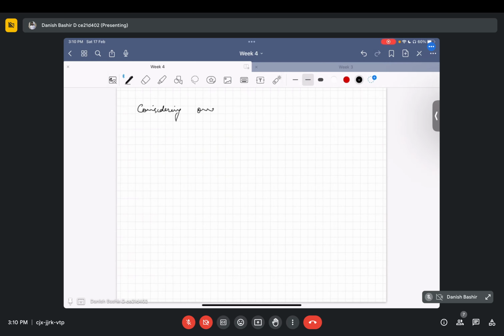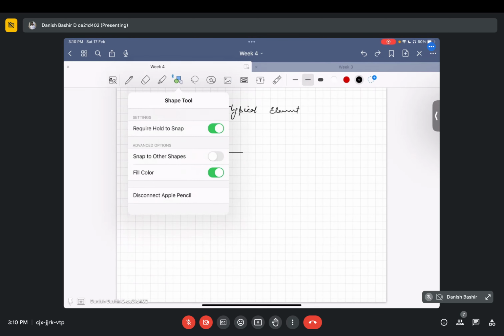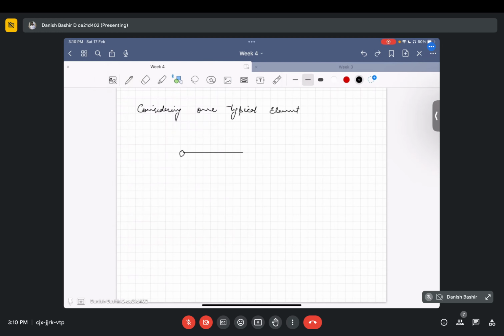For example, this is our 1D line element, having two nodes.